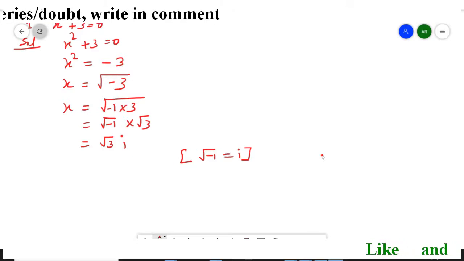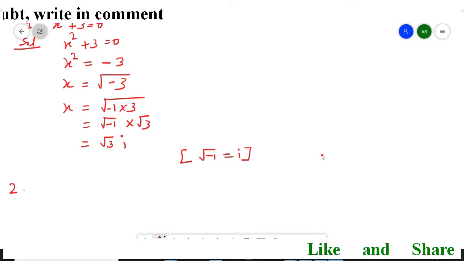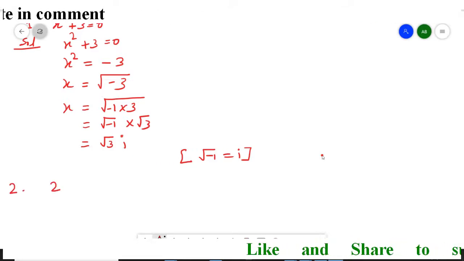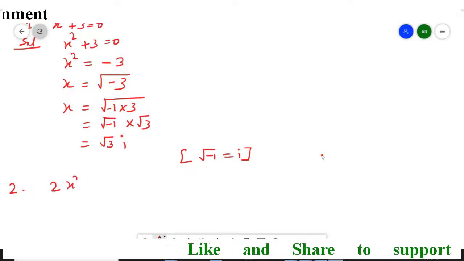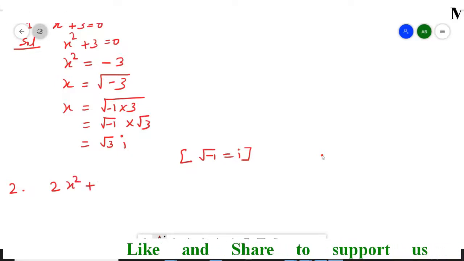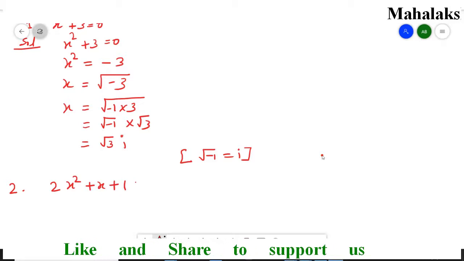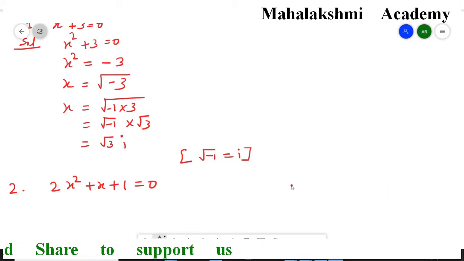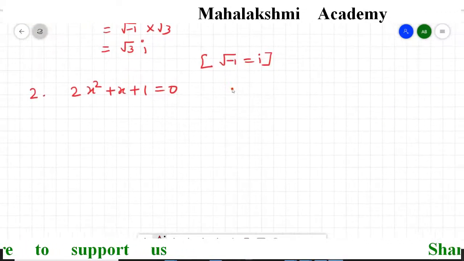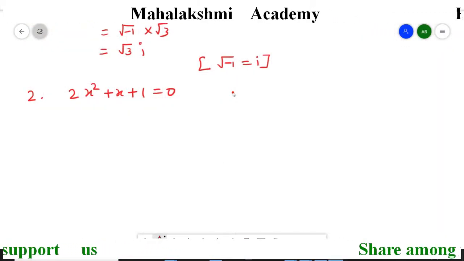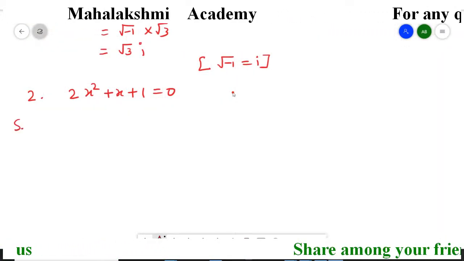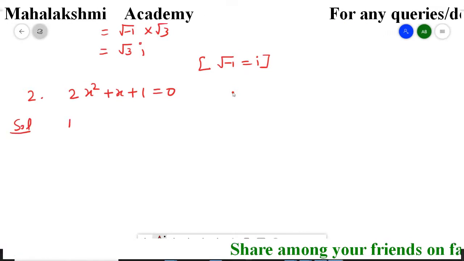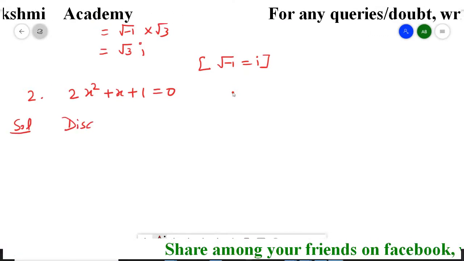We are going to do question number 2 now. In question number 2 the equation is 2x square plus x plus 1 equal to 0. Now here we have all three terms of the quadratic equation, so we are going to find the discriminant.